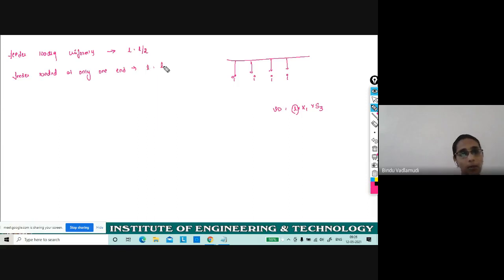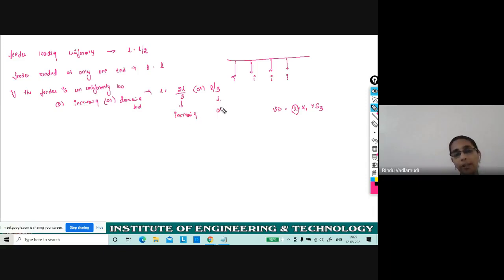L is equal to the total length L. If the feeder is loaded uniformly with increasing or decreasing loads, then L is equal to 2L by 3 for increasing load and L by 3 for decreasing load.